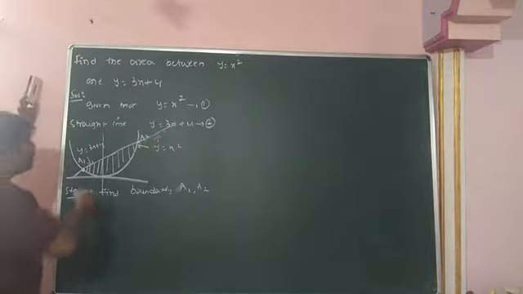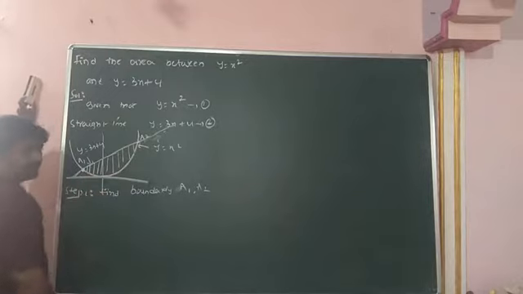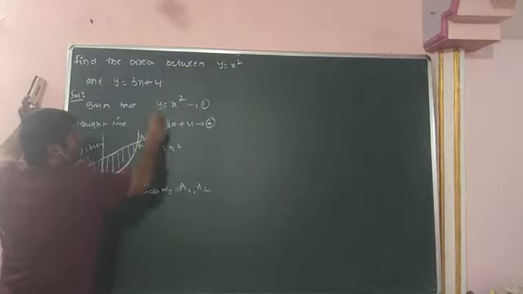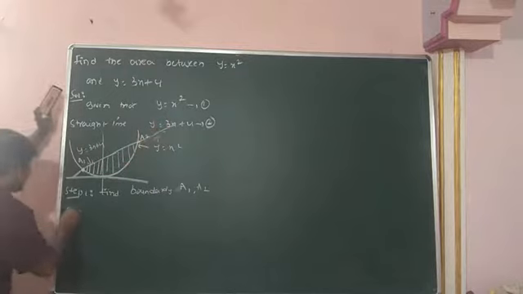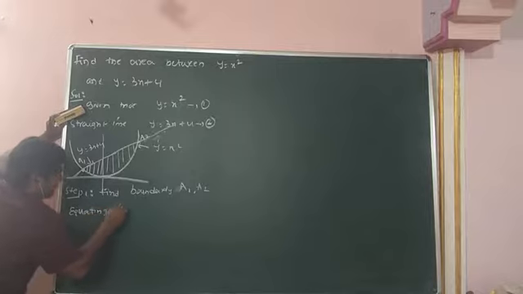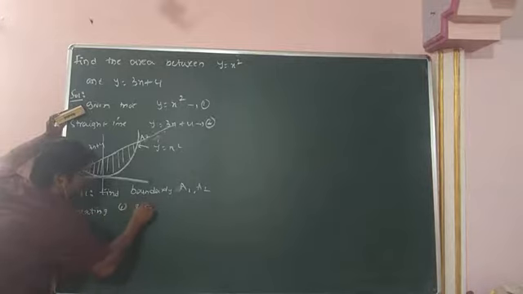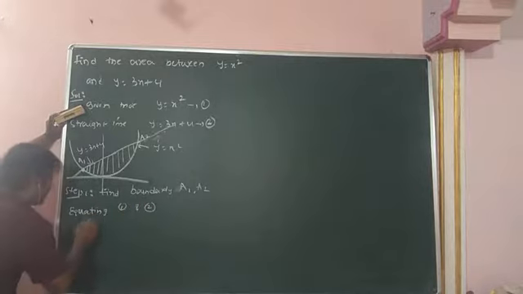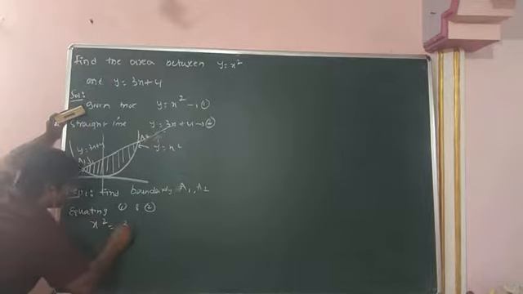Here, how do we find these values? From equation 1 and equation 2, equating equation 1 and equation 2, that is x square is equal to 3x plus 4.